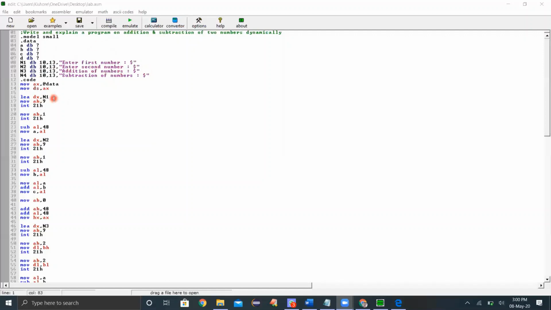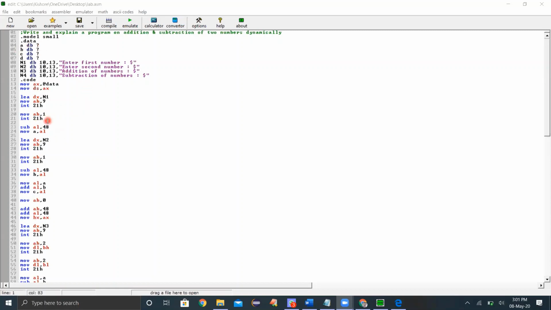We use MOV AH, 9 and then MOV AH, 1, which is used to take the number from the user, which is stored in the A value.